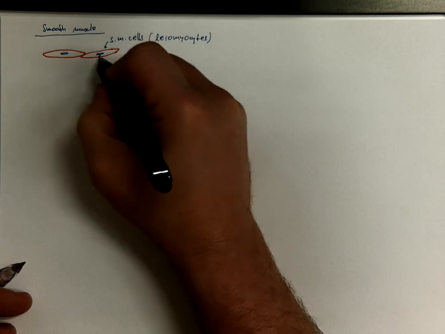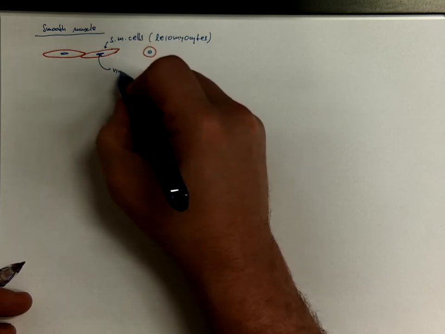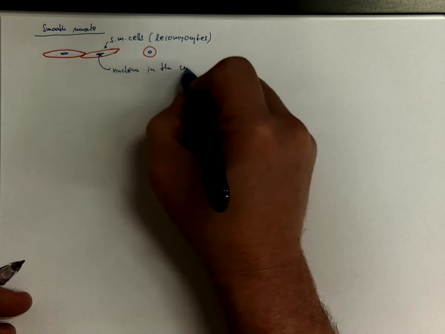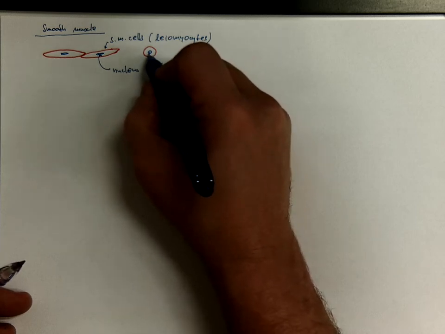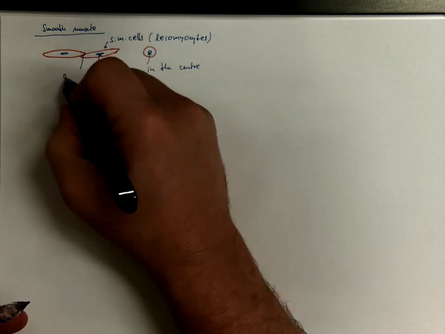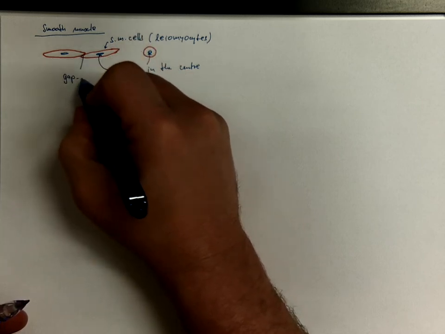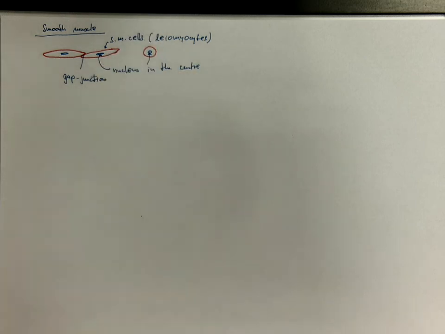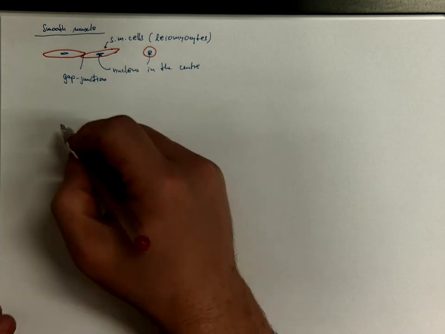There is a single nucleus in the center. This would be a cross section, and they are usually connected by gap junctions in most organs.